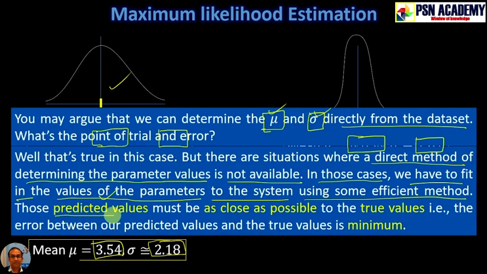Those predicted values must be as close as possible to the true values. That means the error between our predicted values and the true values is minimum. In this situation, maximum likelihood estimation will help you to find out that pair which is a good fit for your dataset. Clear?